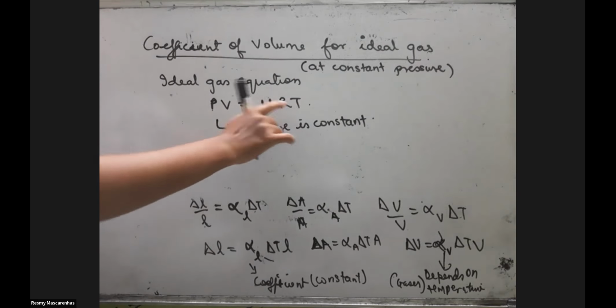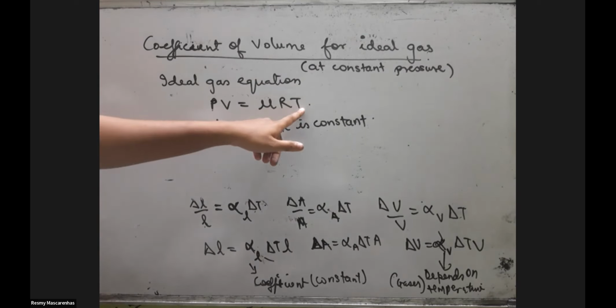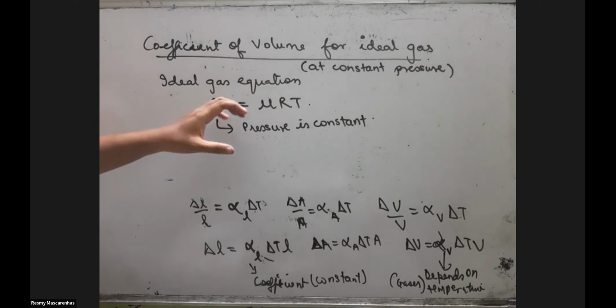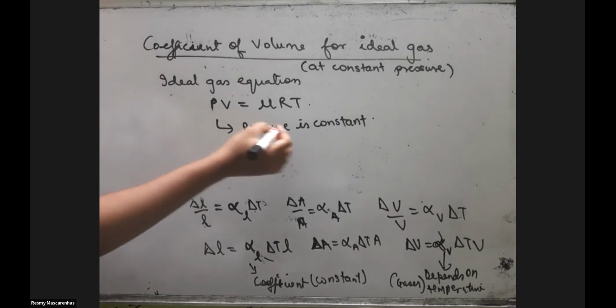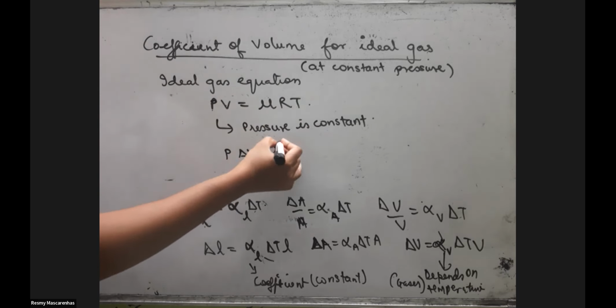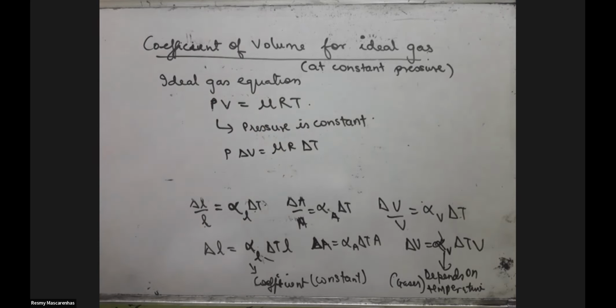So only what can change is the volume and the temperature. As the temperature changes, your volume will change. Meaning if you are increasing the temperature, the gas will expand. Pressure is constant, so if you change the temperature, volume will change.